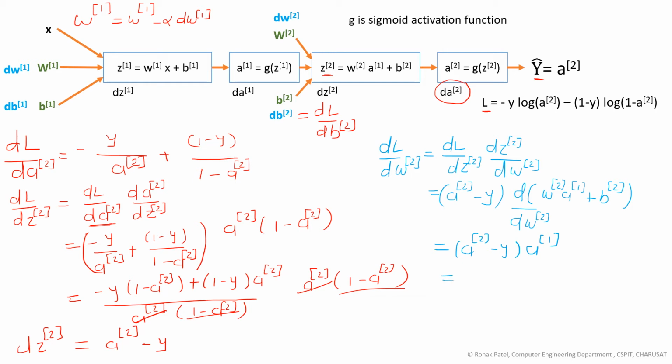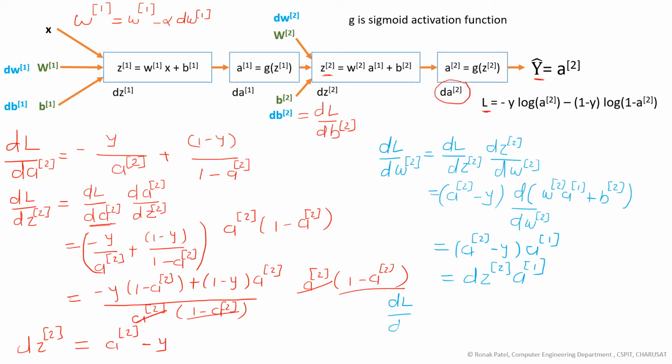That is your dz2. We have already calculated dz2, so there's no need to calculate a2 minus y again. We have the value of dz2, and you can directly put it over here, dz2 into your a1, right? So this way we can calculate dL upon dw2.